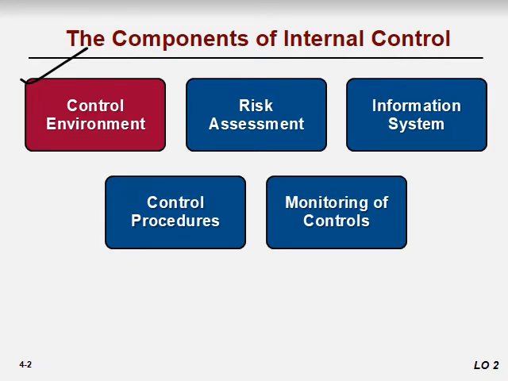A key ingredient in the control environment of many companies is a corporate code of ethics, molded by the top management, which includes such provisions as prohibition against giving or taking bribes or kickbacks from customers or suppliers, and prohibition of transactions that involve conflict of interest.